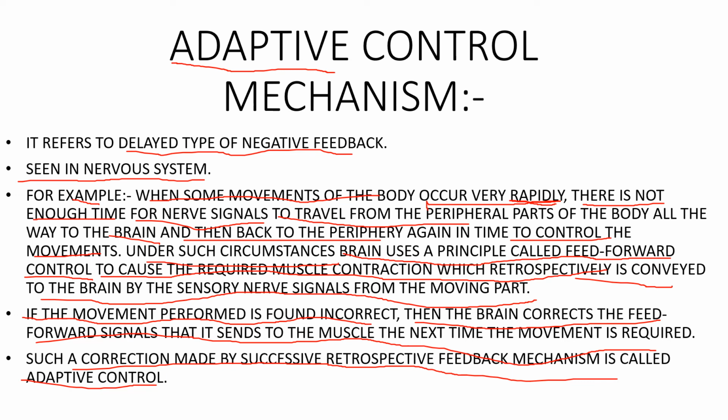So in a hurry, the brain gives a random signal to the muscle to contract for the first time. Now, if the second time the same movement is required and the first time it was incorrect, the brain will give the correct signal for the next time.